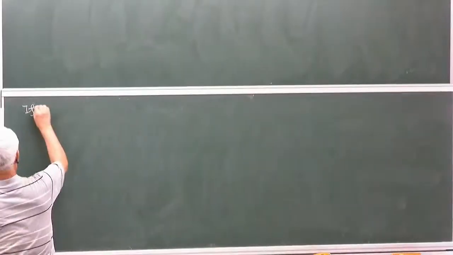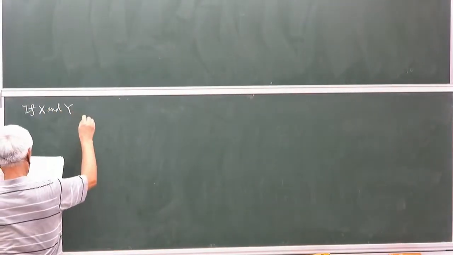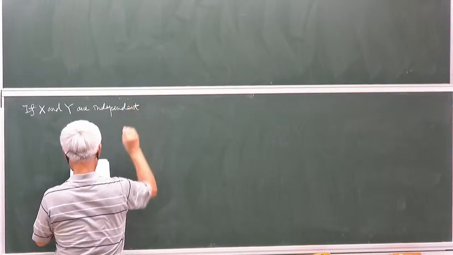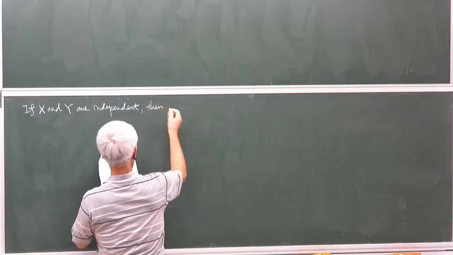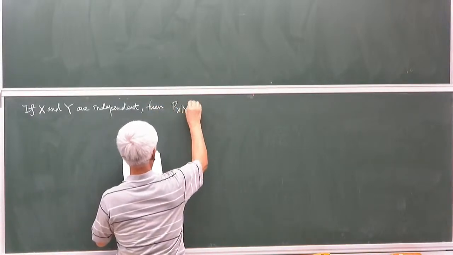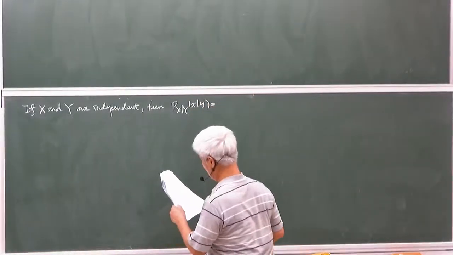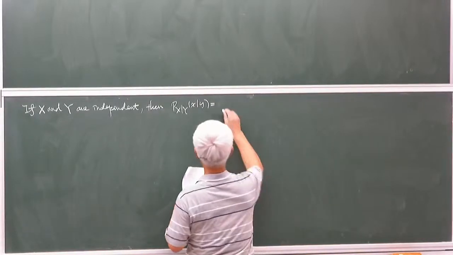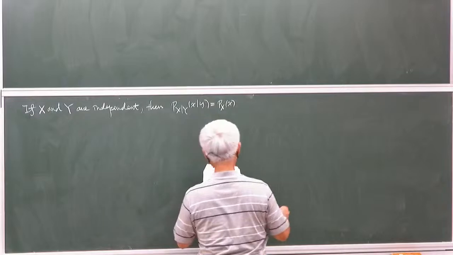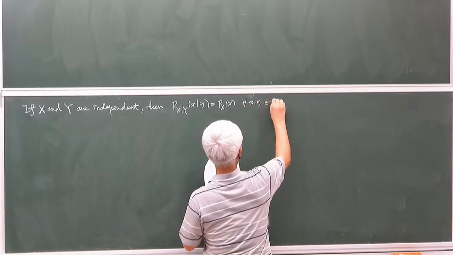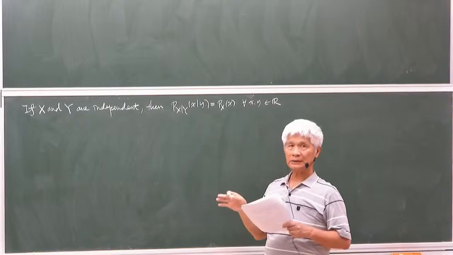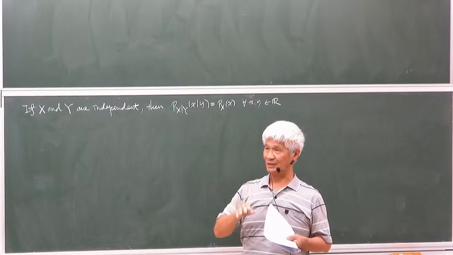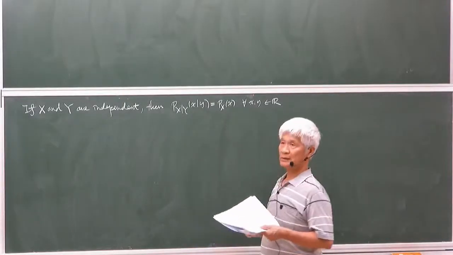Now, a special case: if X and Y are independent, then the conditional PMF is equal to the unconditional PMF of X, for all x, y in R. The conditional PMF is a function of x and y, and x and y can be any real numbers in R, and it is equal to this function.